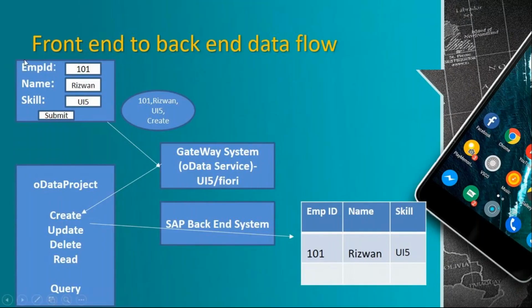Let's assume the client has asked to create a screen with three fields: employee ID, name, and skill. When you click on the submit button, I want this data to be saved in a custom table, and this is the table. Now let us see how you will develop this step by step in real time. Step number one, you will create a SAP UI5 project by using the tools SAP Web IDE or SAP Business Application Studio.